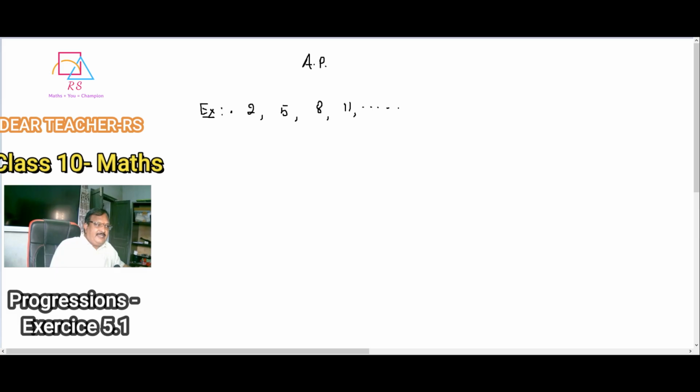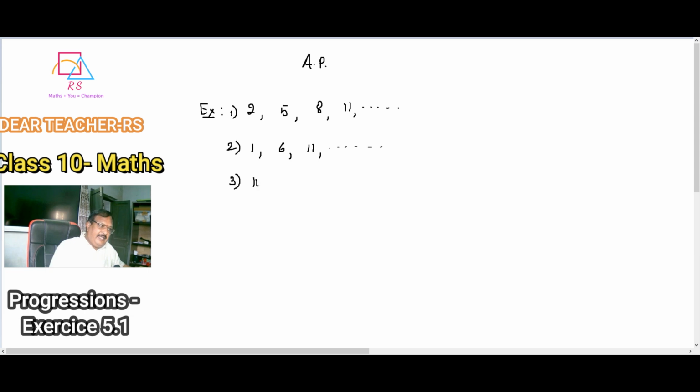Let us take one more example: 1, 6, 11, and so on. This is also a series where we get a term by adding 5 to the existing term.